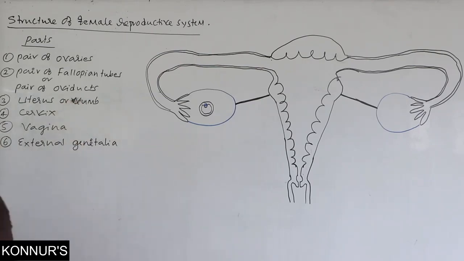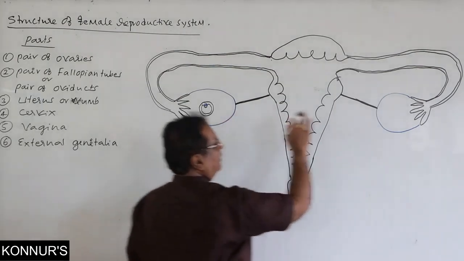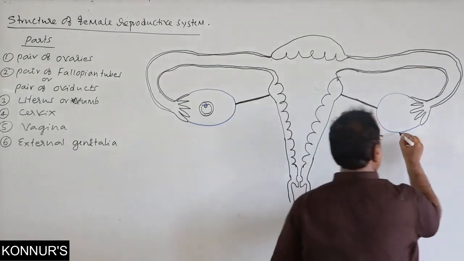And cervix, a female genital organ, vagina, and external genitalia. These are the parts. And these are a pair of ovaries.